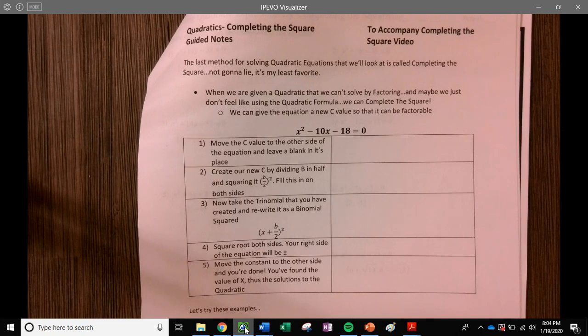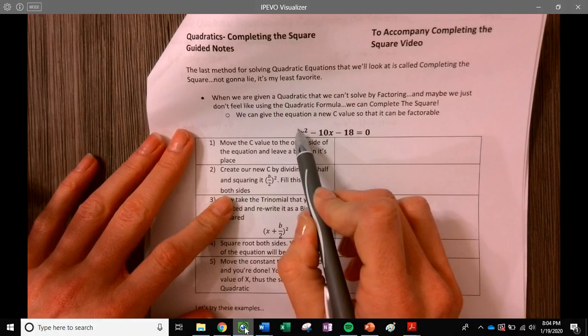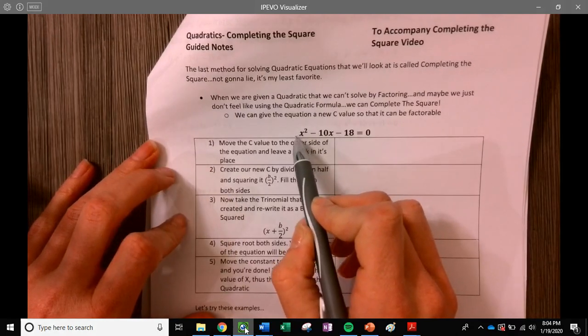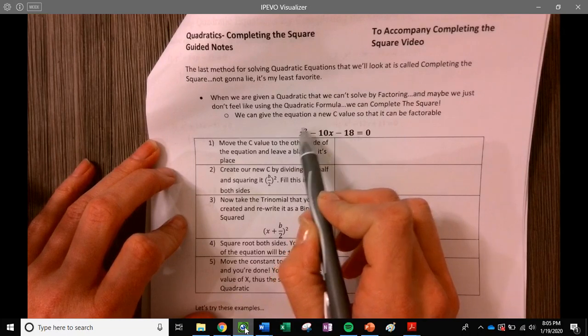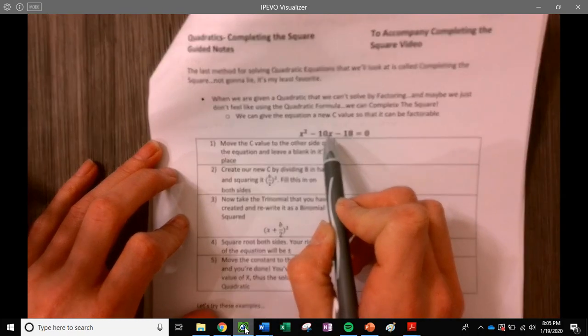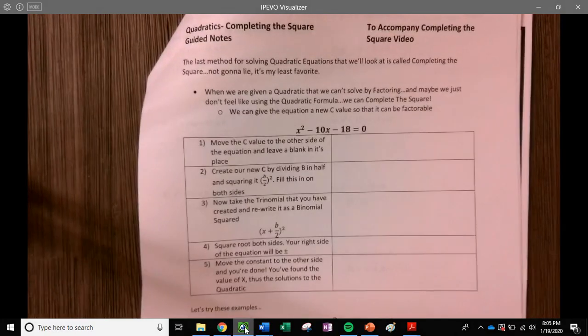But there are some constraints here. There are some exceptions to using completing the square. If you have a number bigger than 1 in your a value, so if you don't have a naked variable, if you have a coefficient here, as well as if your b value is an odd number, then completing the square won't work.